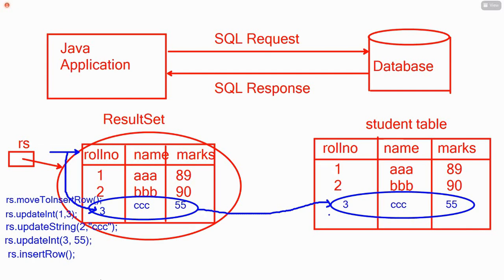Move to insert row, update int, update string, update int. Depends upon column numbers and column data. This is the column number, column index: 1, 2, 3.